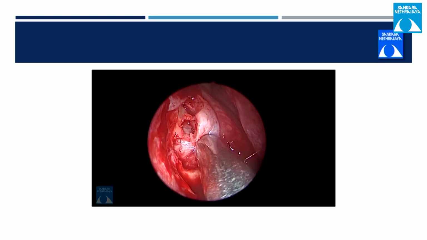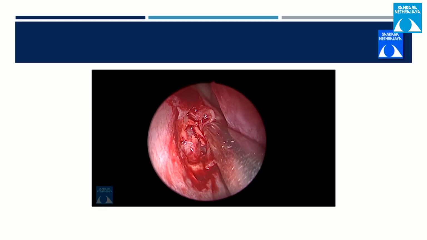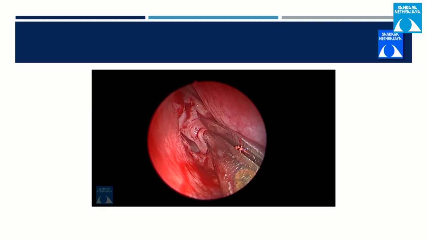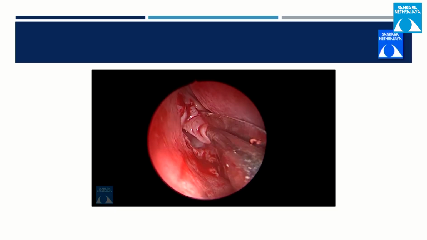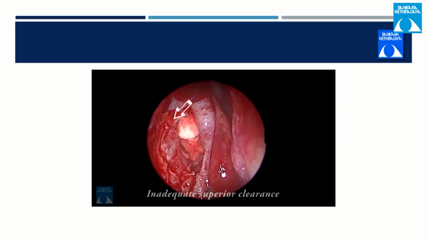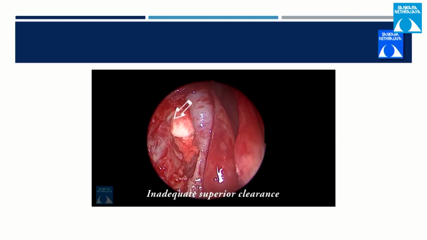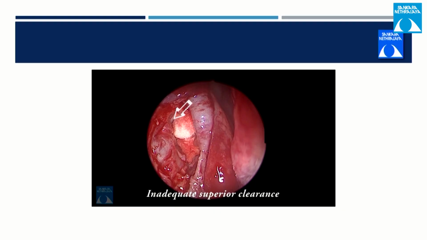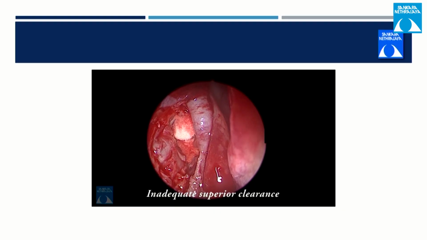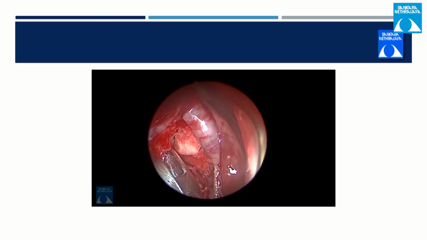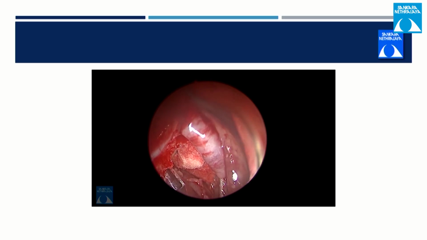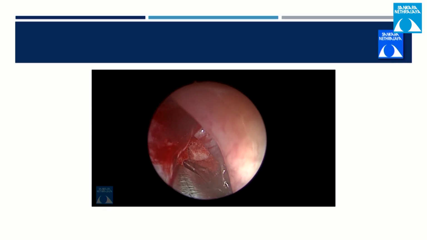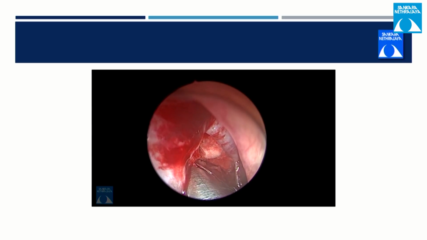Then we will see the lacrimal sac over here. There's a probe which is put through the sac, you can see it. So adequate ostium should be made endonasally also.